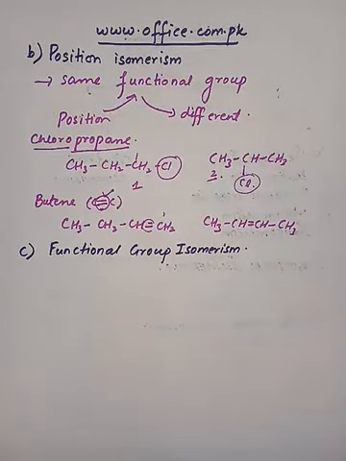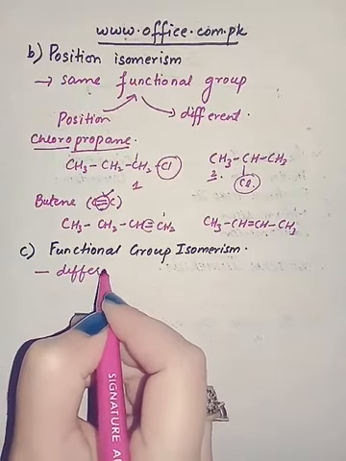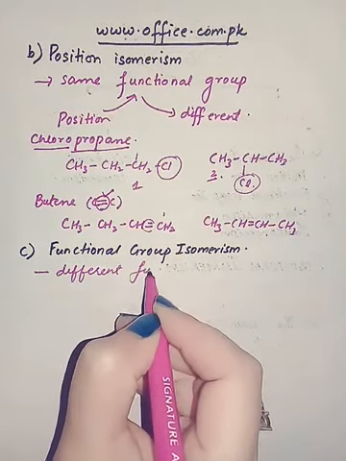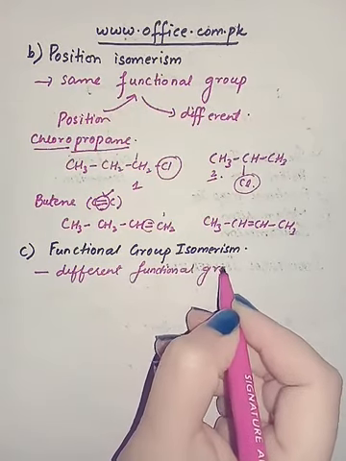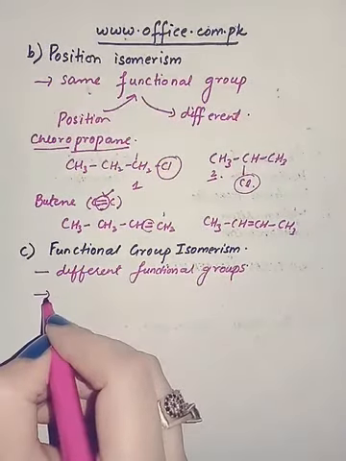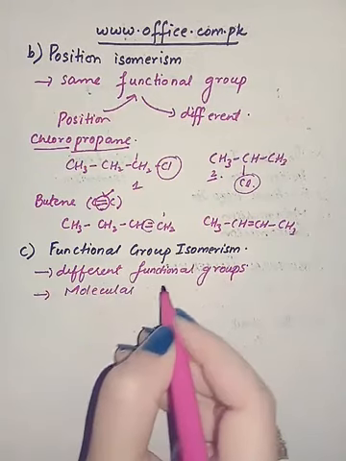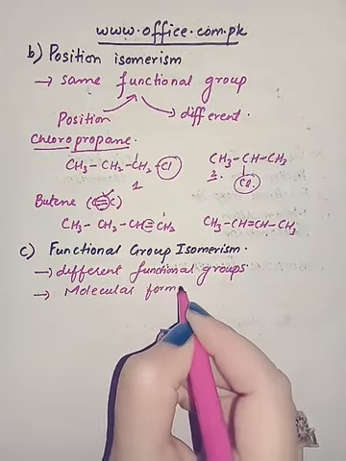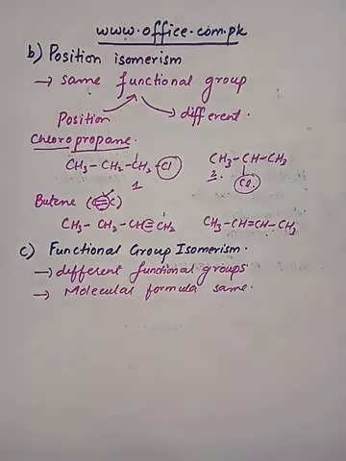Here there will be different functional groups, but despite the different functional groups, the molecular formula remains the same. So then they will be said to exhibit functional group isomerism.